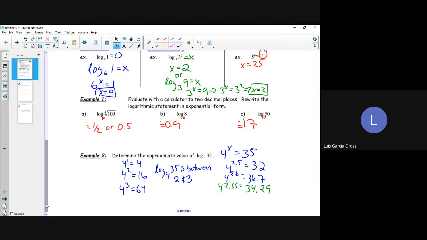So we have to increase by at least 1 decimal point. Our next one is going to be 2.56.